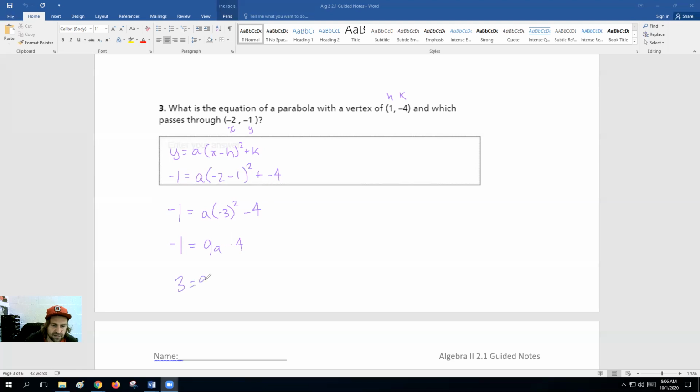So 3 equals 9a, and so we'll divide by 9. 3 divided by 9 is 1/3. So that means our equation would be y equals a, which is 1/3, times (x minus h, which is 1) squared plus k, which is -4. There's our answer.